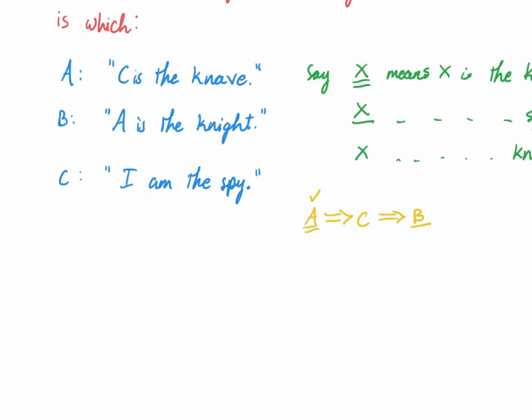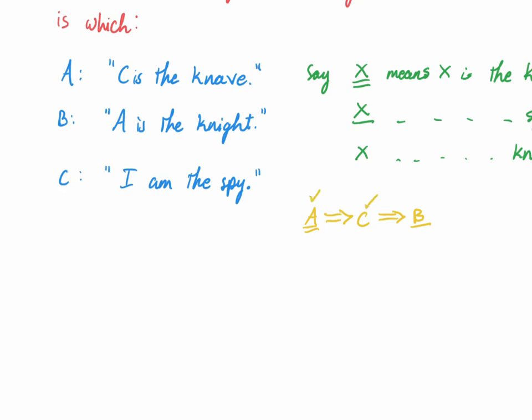The spy could either lie or tell the truth. Looking at what B is actually saying, in this particular case B would be lying, but that's consistent with being a spy, so that's fine. And then C is the knave, and C is saying, I am the spy. Well, that's a lie, but that's perfect because it just confirms that the knave is doing what the knave is supposed to do, which is to lie.